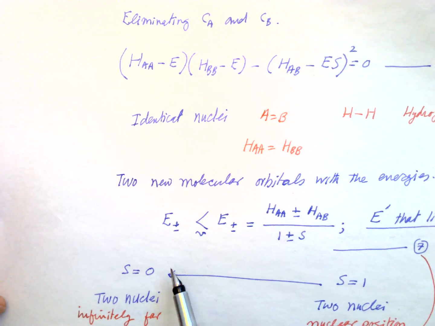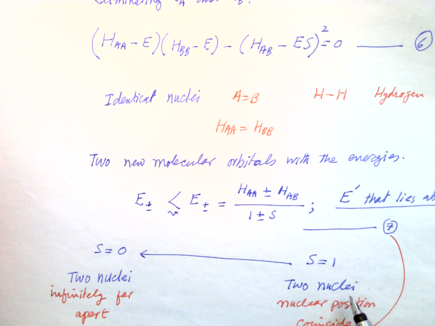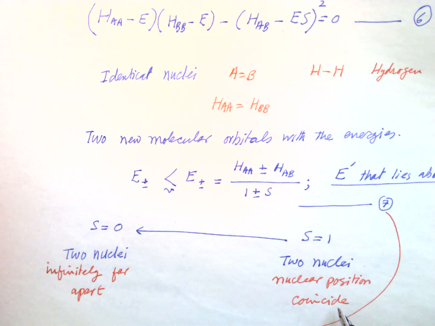There are two conditions. S is equal to 0 means the two nuclei are at infinite distance, and S is equal to 1 means the nuclear positions coincide.